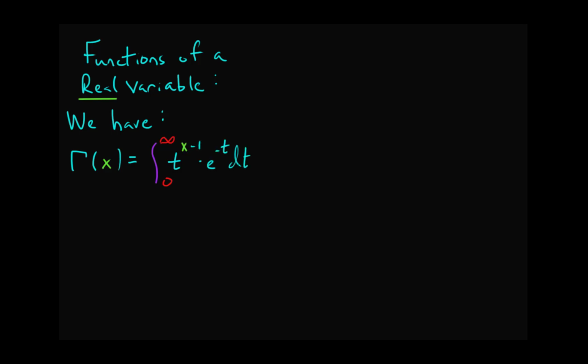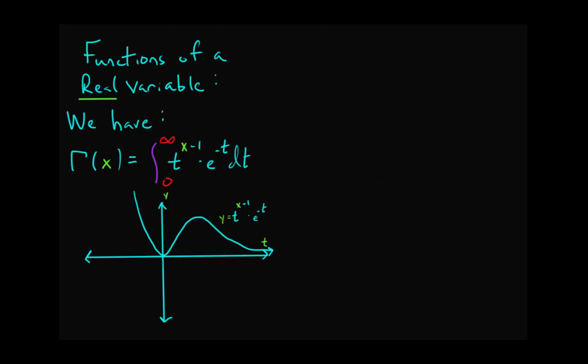If we have a function of a real variable, in this case gamma of x, we would write that gamma of x equals the integral from infinity to 0 of the function t to the x minus 1 times e to the -t dt. And I can even graph that function, t to the x minus 1 times e to the -t, for some x. So that's my function there, y equals t to the x minus 1 times e to the -t. That's on the yt plane.